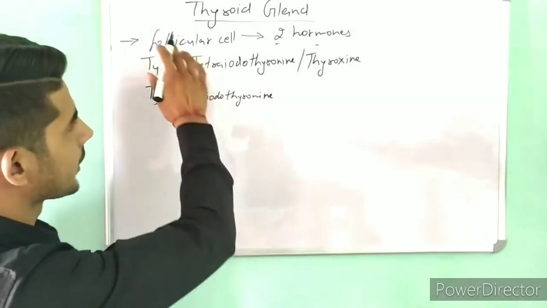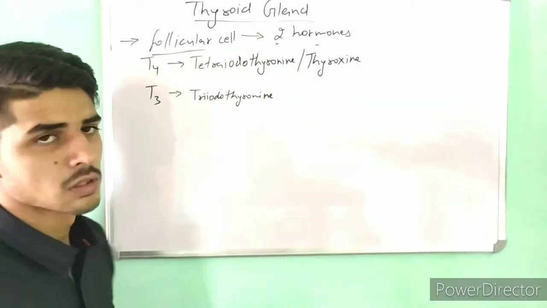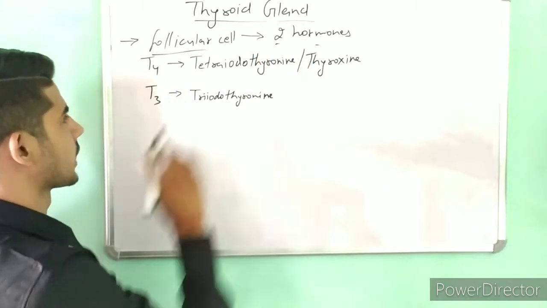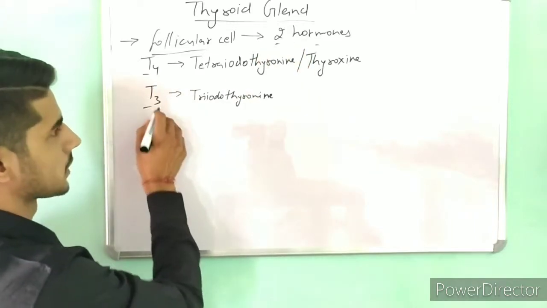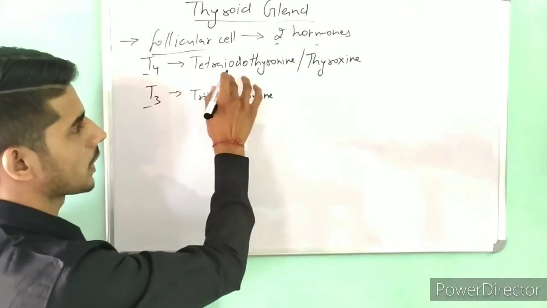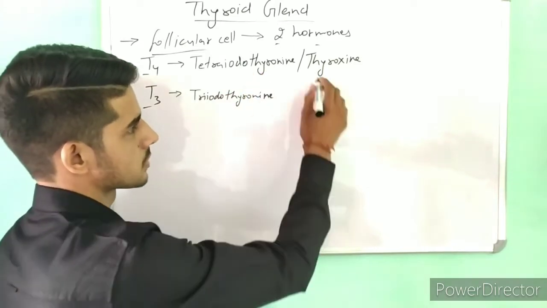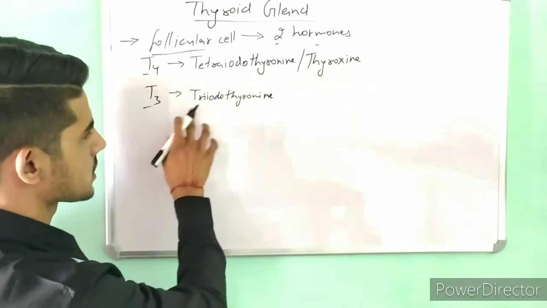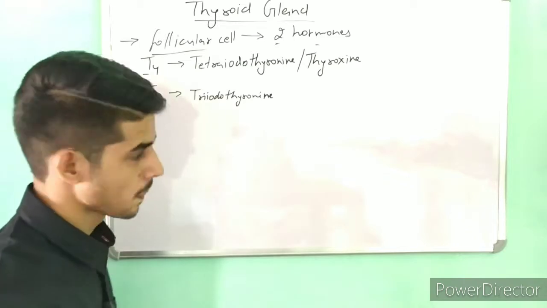In the thyroid gland, follicular cells secrete two hormones named T4 and T3. T4 is tetraiodothyronine, which is called thyroxine, and T3 is triiodothyronine.